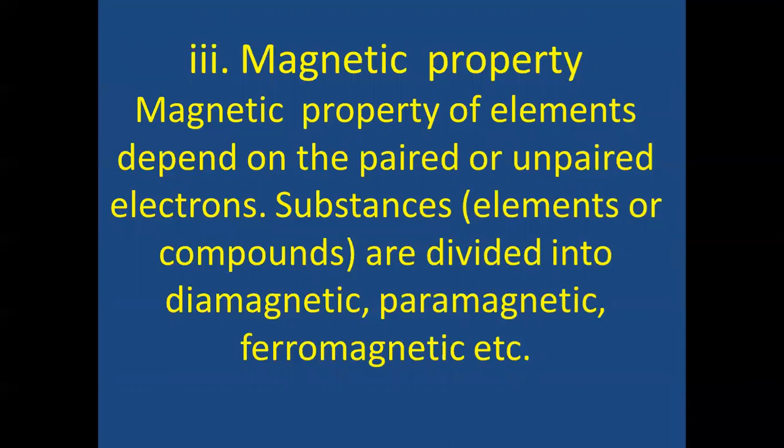Every electron will spin on its own axis and produce some magnetic moment or magnetic field. Every electron. But we know that if there are two electrons in one orbital, these are called paired electrons. And paired electrons have spin in opposite direction. If one electron spins in clockwise direction, the other will spin in anti-clockwise direction.